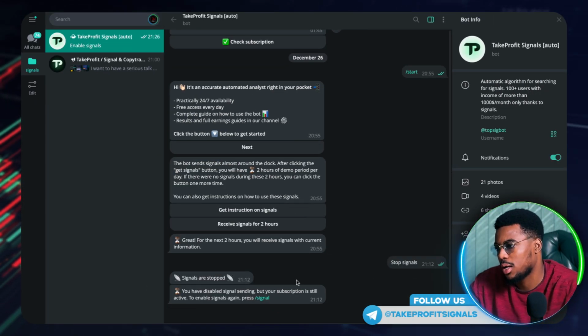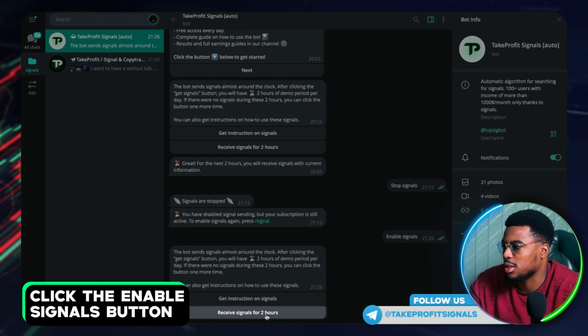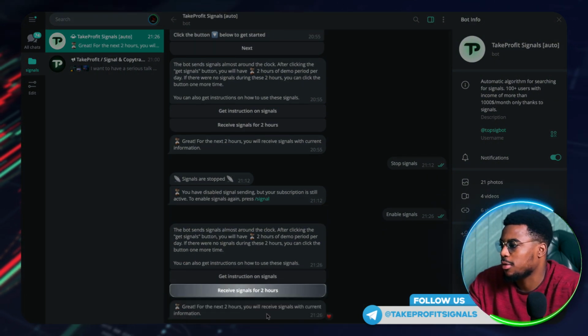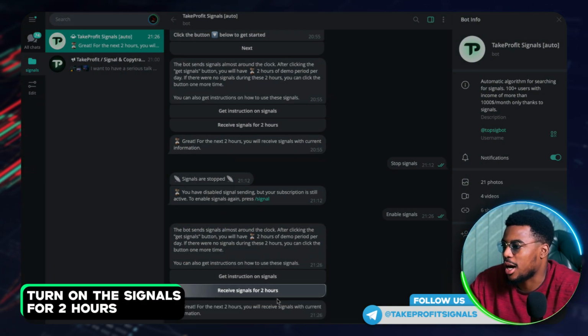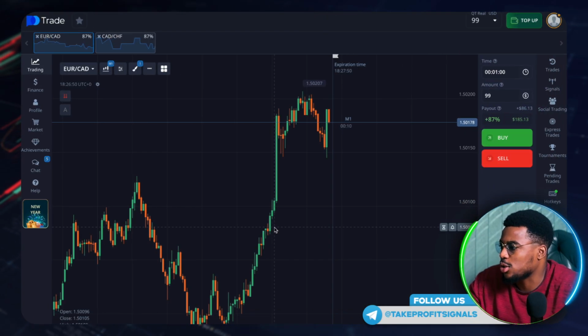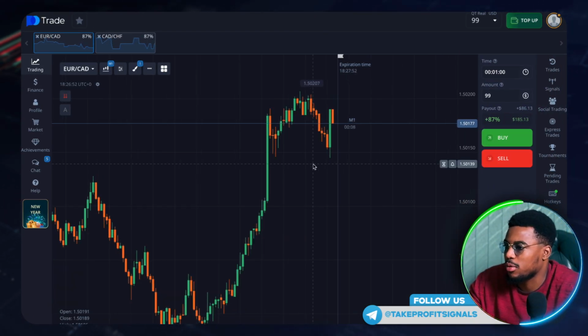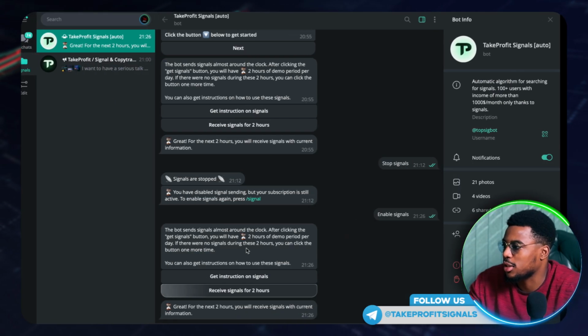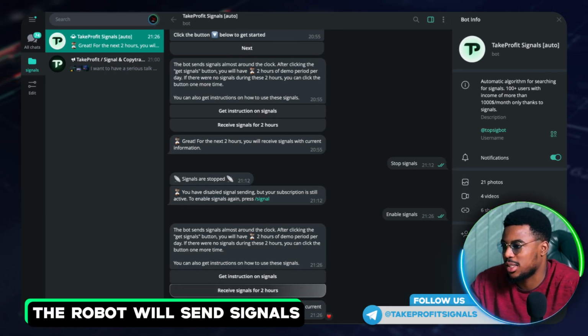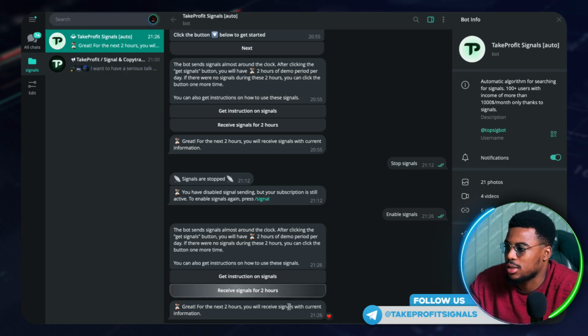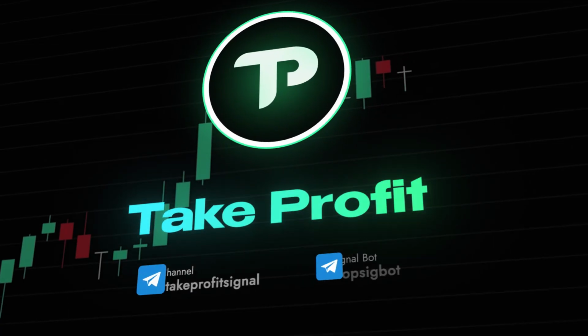Just click the button to turn on signals for the next 2 hours. And now, as soon as there is some favorable and very cool situation on the market, the robot will send us a signal and we will enter the deal exactly on the signal.